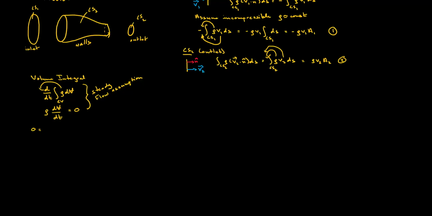So, going back to conservation of mass, 0 is equal to the time rate of change of the mass in the control volume, which we've just stated is equal to 0, plus our surface integral of the mass flow rate in and out. So the first term will be the negative rho V1 A1 plus rho V2 A2.